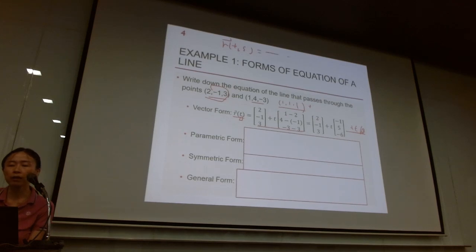This one is the same, I don't repeat it, then you plus s, because s means the other direction. You need 2 axes. Then here you write 1 minus 2, 1 minus 1 and 1 minus 3.